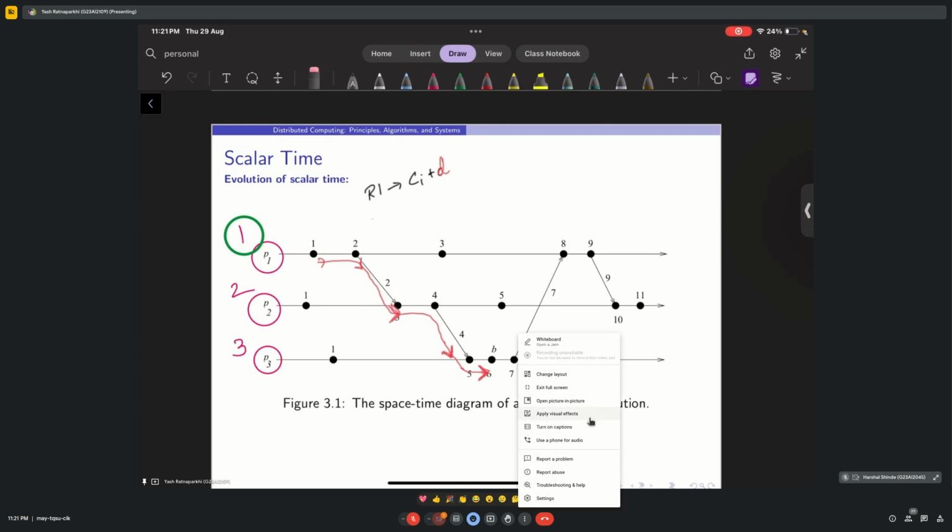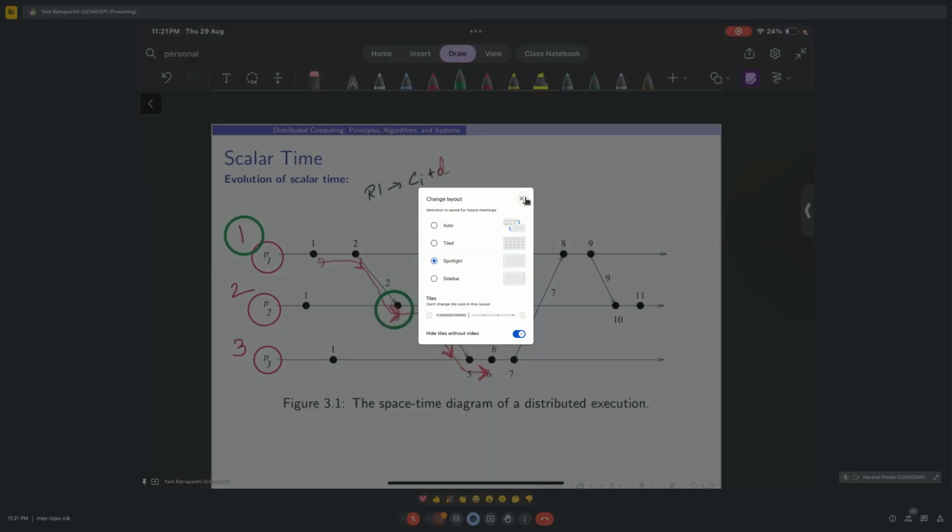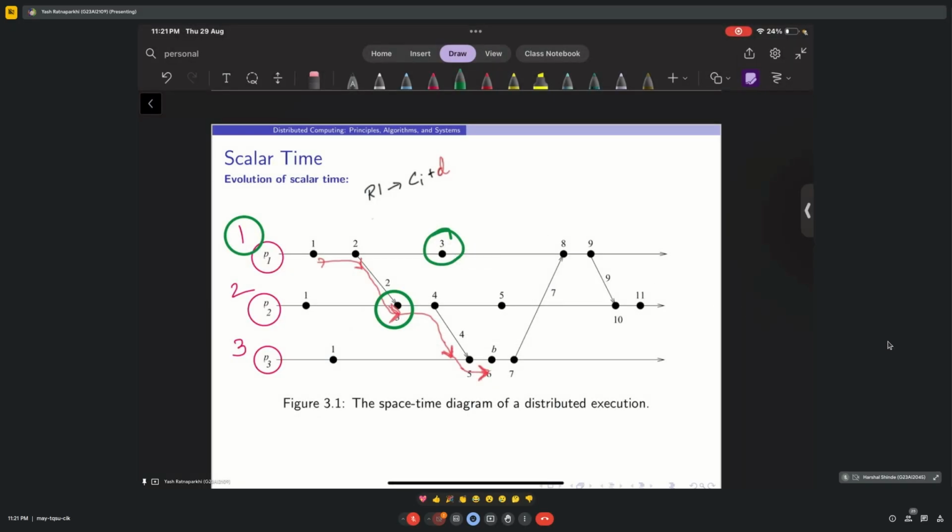So if there is a tie-breaking situation between these processes, I will go for the process identifier. Now tell me one thing, Sneha, is one smaller or is two smaller? Very basic question, one is smaller, right? So in this scenario, since one is small, the priority of the event happening on process 1 will be more. Hence event 3 of process 1 will occur before event 3 of process 2. Understood this?